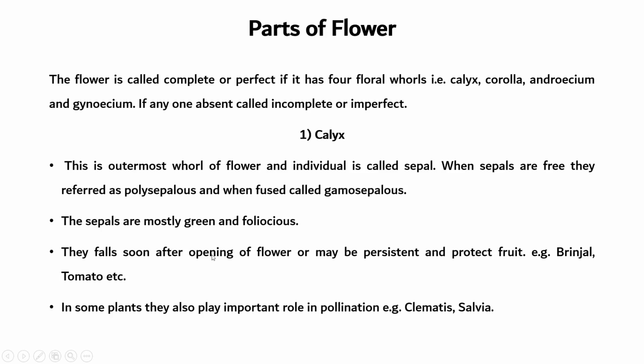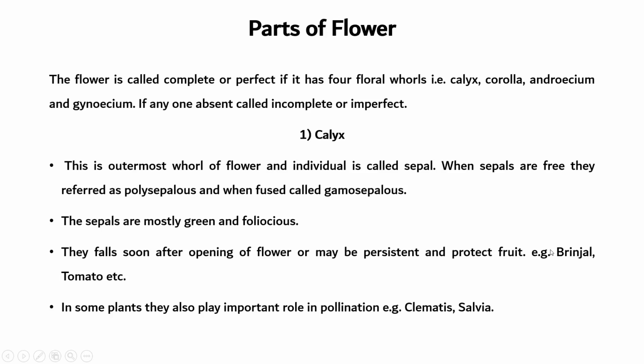Sepals fall soon after opening of the flower, or they may be persistent. And when they are persistent, they protect the fruit always. For example, brinjal, tomato. If we observe the fruits, at the base of brinjal and tomato there are green colored structures, even after maturation.